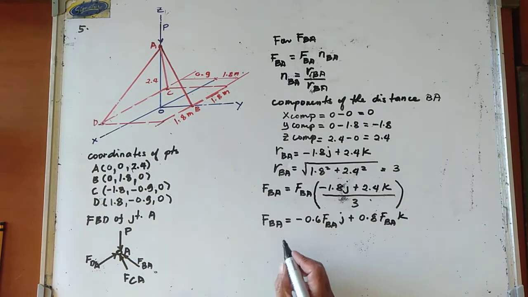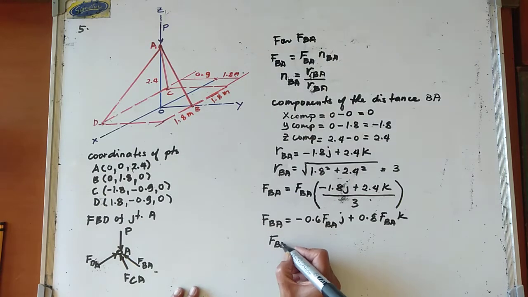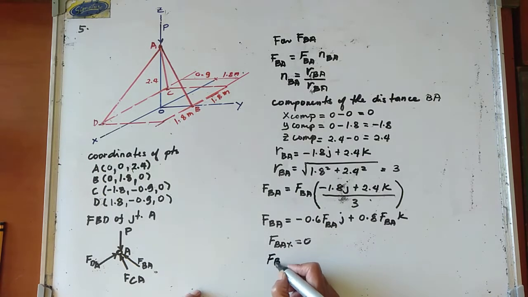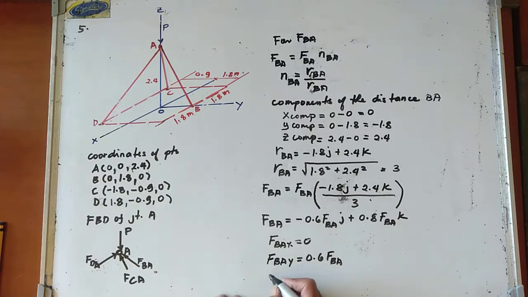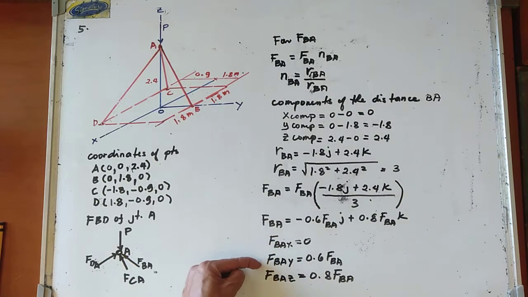In scalar form, FBAx is equal to 0, FBAy is equal to negative 0.6 FBA, and FBAz is equal to 0.8 FBA. These are the components of the force BA along the x, y, and z axes.